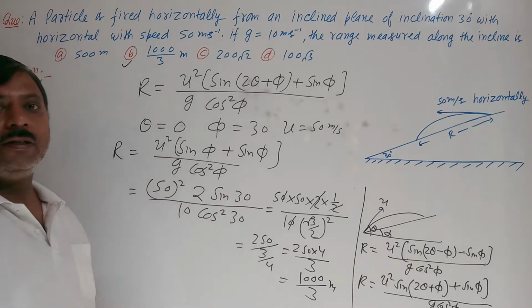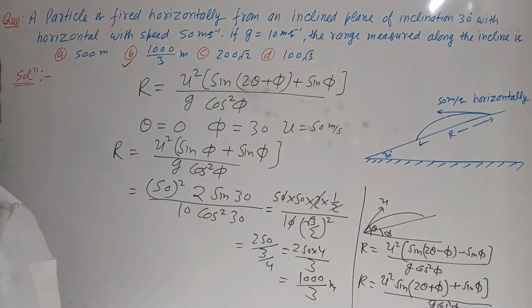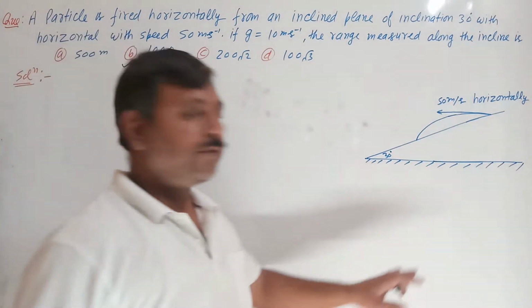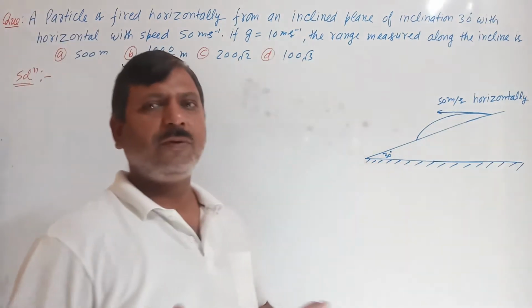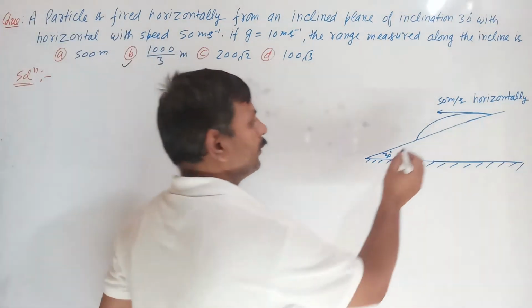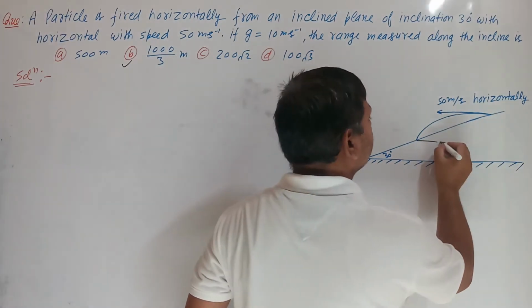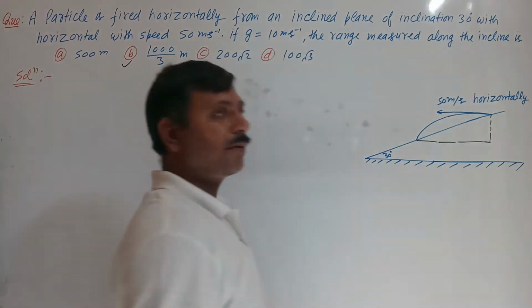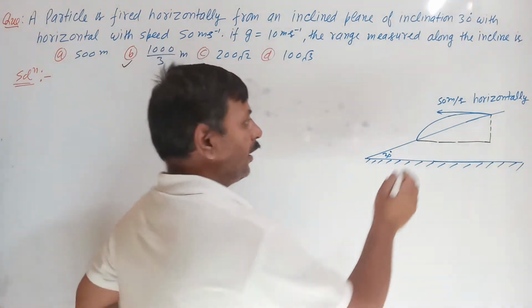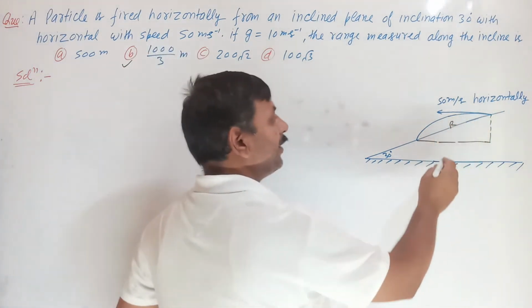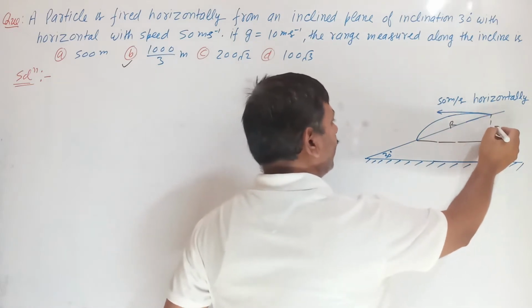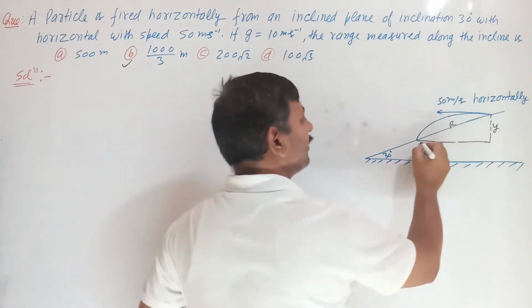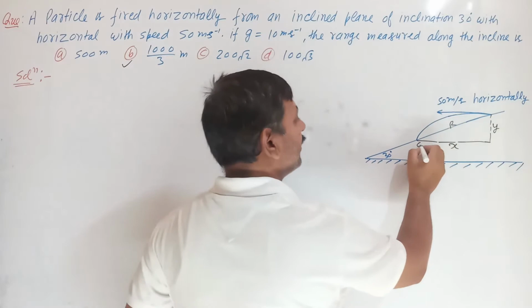See, if you have not remembered the formula, one more method I want to tell you. See, I have completed this. Actually, this is the range. Okay, this is vertical displacement and this is the horizontal displacement.